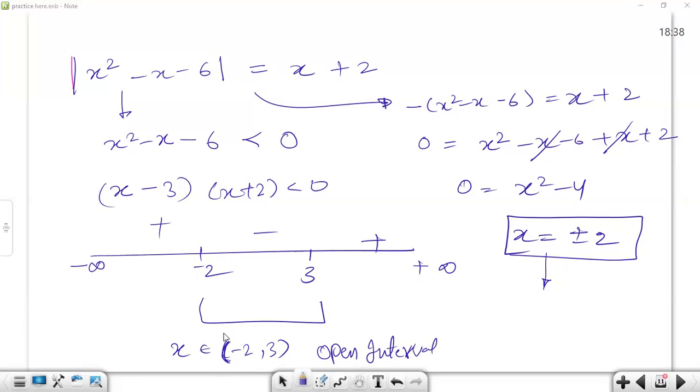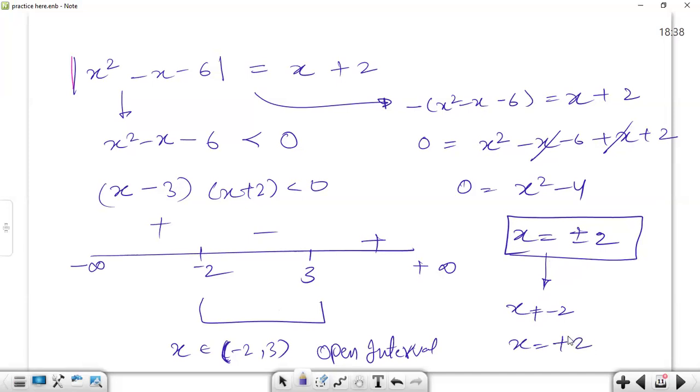No, very good, because it's an open interval. Minus 2 is not included because the inequality was strict in nature. Equality was not included in our solution, so minus 2 cannot be our answer.